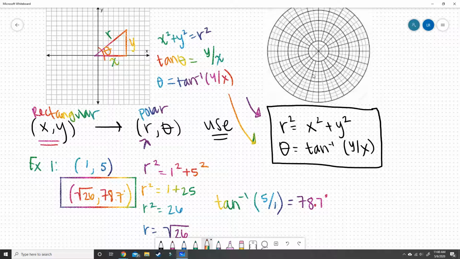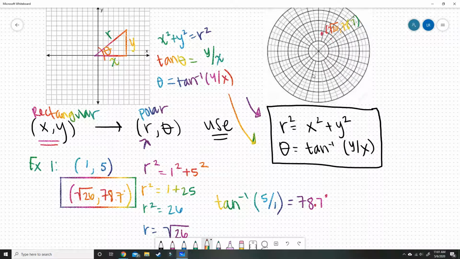So it's going to be a little bit further than this point here. And then we need to go 78 degrees. So this is 45 degrees right here. This one right here, I believe, is 60 degrees. And so it's probably going to be somewhere around here. That would be our ordered pair: square root of 26 and 78.7 degrees.